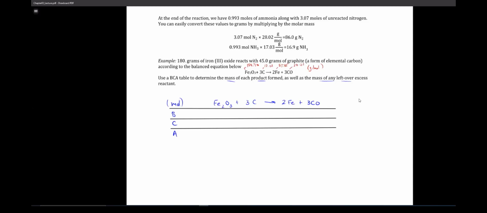All I do is take the masses and divide by the molar masses. So 180 divided by 159.7 is 1.13. Carbon is 45 divided by 12.01, 3.75.